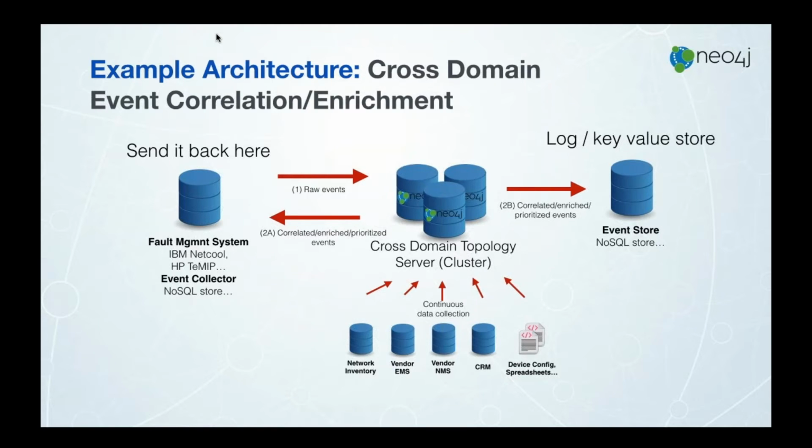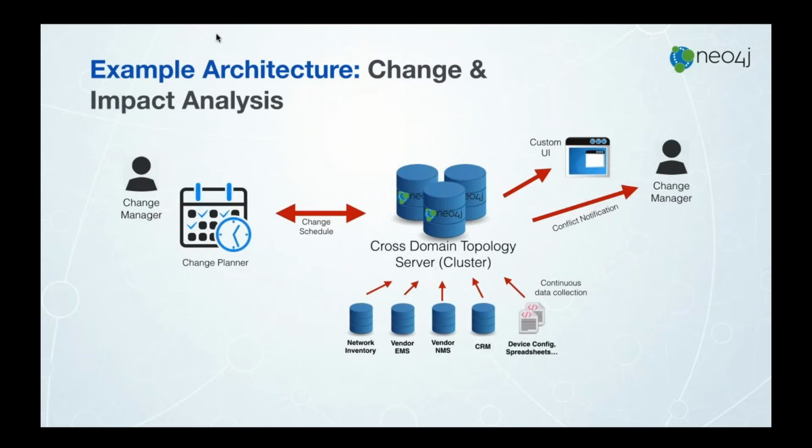And of course, based on the same architecture, there are other types of uses. We talked about the change manager before, and your change manager will be able to perform what-if analysis and combine those with topology analysis for all the other planned changes within networks, which happens all the time. And all this is made so much easier and more accurate when modeling your network topology and storing it as graphs in a graph database.